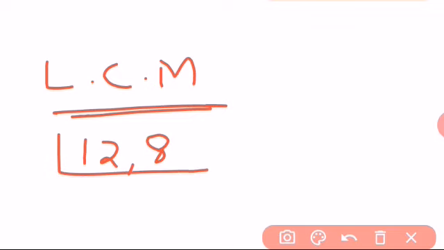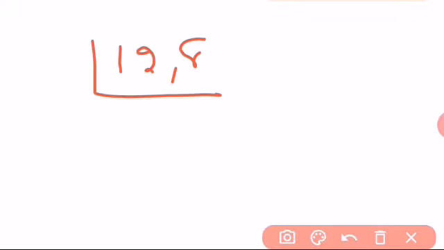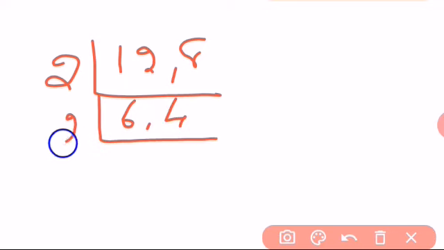To do that you have to get the LCM. I think you know what is meant by lowest common multiple. How to calculate the LCM of 12 and 8? You have to divide: 12 and 8, 2, 6 and 4, 2, 3 and 2.